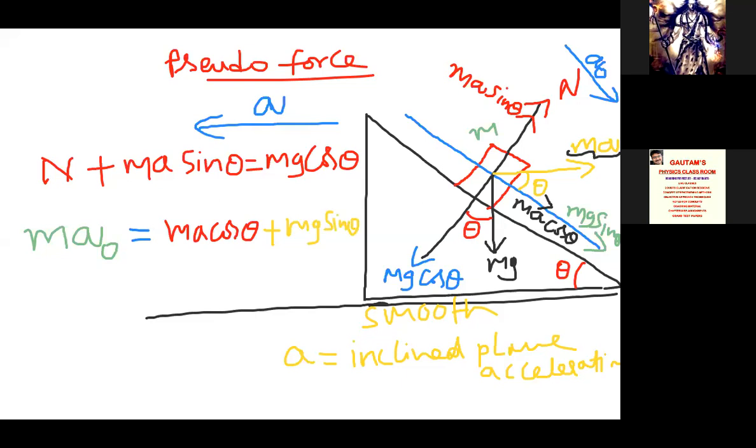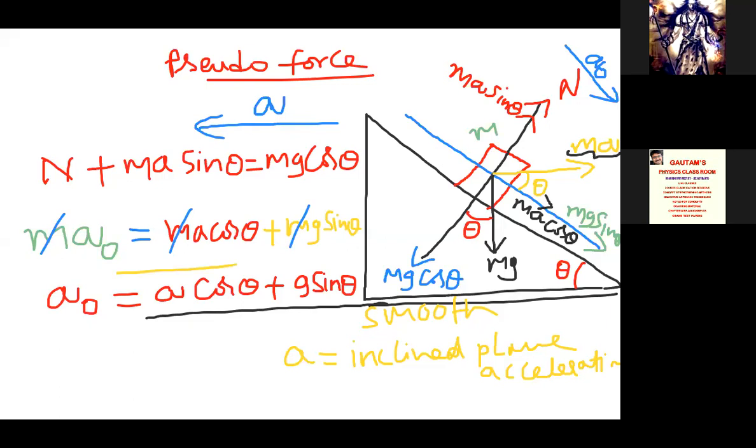So now I can cancel m everywhere. Here m is there, m is there, m is there. I am cancelling. So what is the acceleration of the block? A naught is the acceleration of the block. It can be written as a cos theta plus g sin theta. A naught is the acceleration of the block.